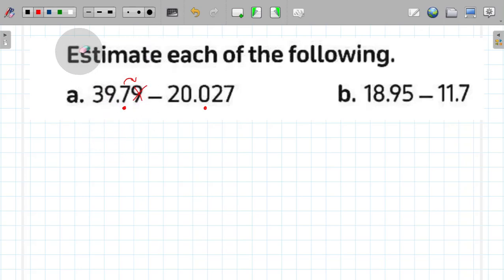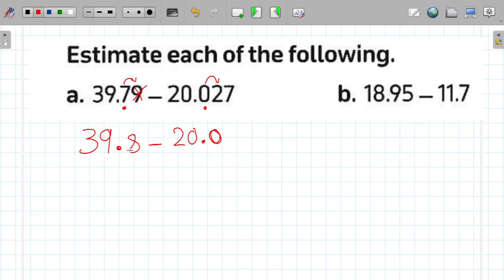And second, so it will be 39.8 minus. The second one here I have 0 in the 10th place, and the next digit is 2, and 2 is weak digit, so I will keep 0 as it is, so it will be 20.0, okay?